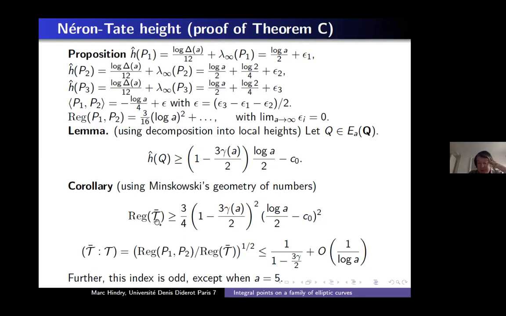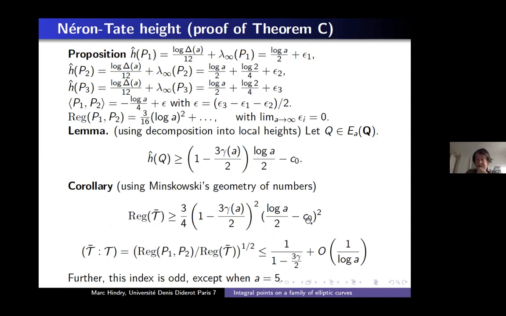First, we use Minkowski's geometry of numbers: the regulator, or volume of a lattice, is essentially the product of the two minimal generators. If you write this, you end up with a lower bound, at least 3/4 the product of the two generators, for the regulator of T bar.